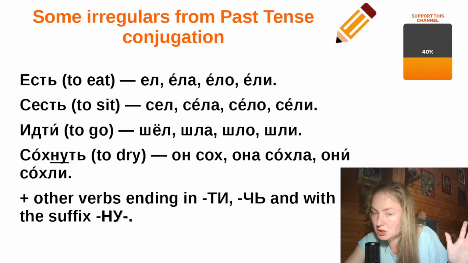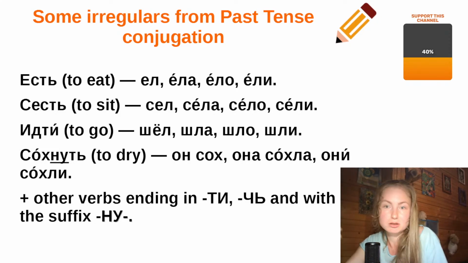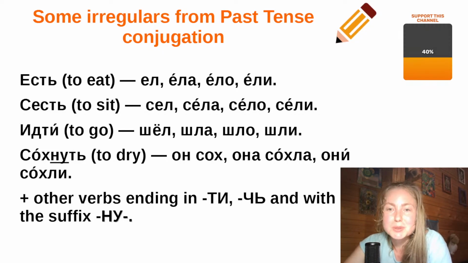We don't have it. Strange. That's why this verb we have in the irregular group. So past tense will be ел, ела, ело, ели. So я, ты, он ел, я, ты, она ела, оно ело, мы, вы, они ели.